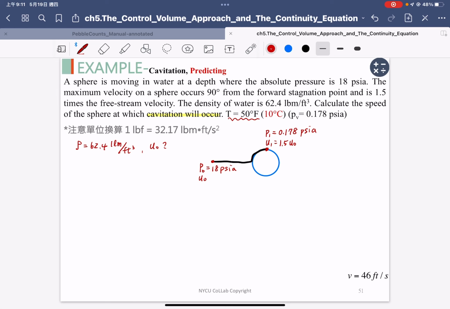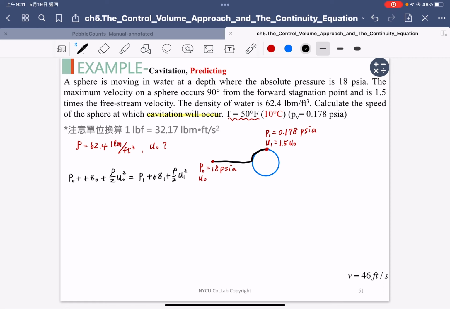First we need to apply the Bernoulli equation: P0 plus gamma Z0 plus one half rho U0 squared equals P1 plus gamma Z1 plus one half rho U1 squared.